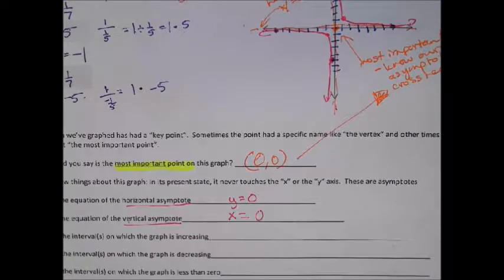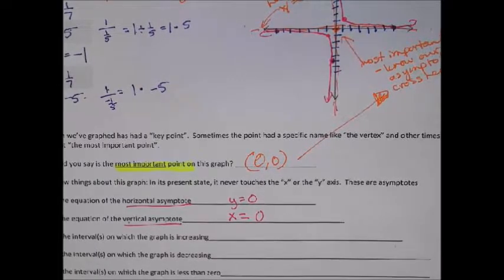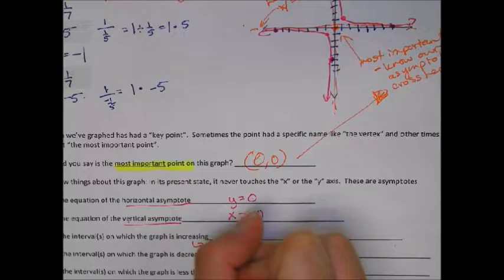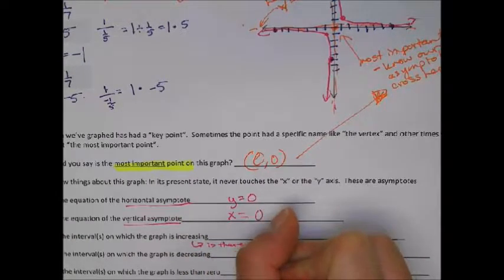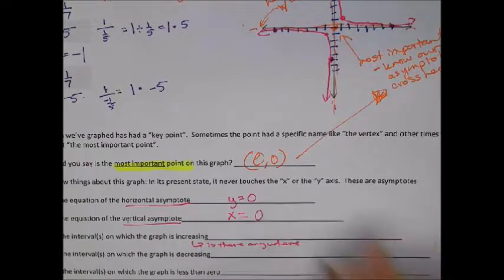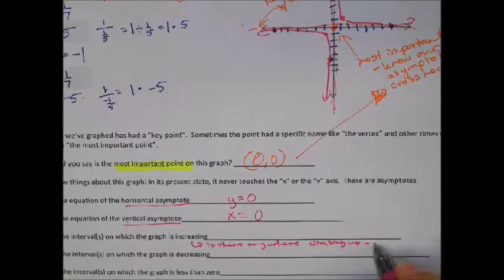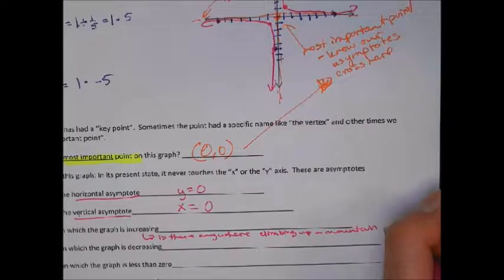Where is the graph increasing? When I'm increasing, I'm picturing we're climbing up a mountain, something like that, or like that.